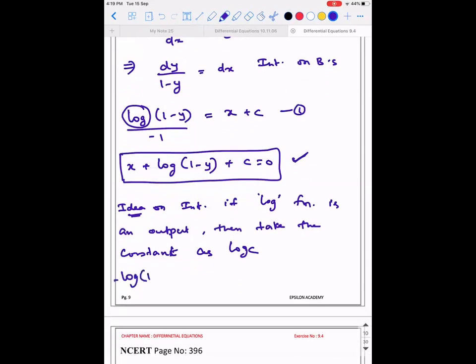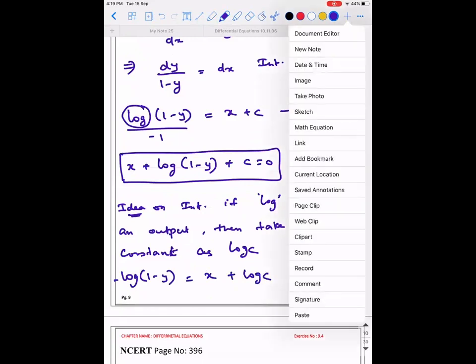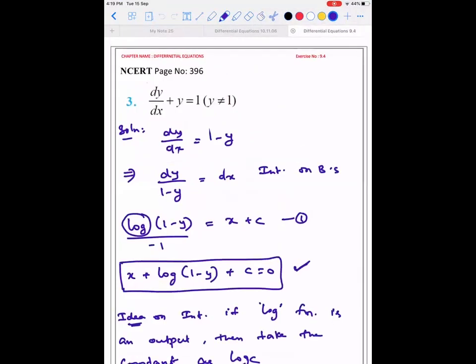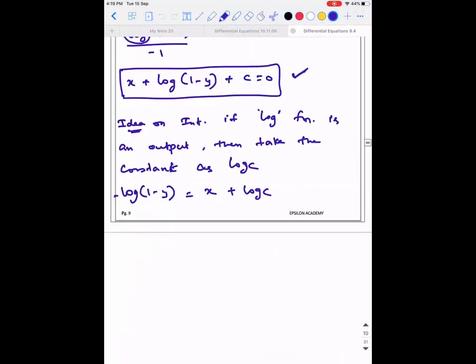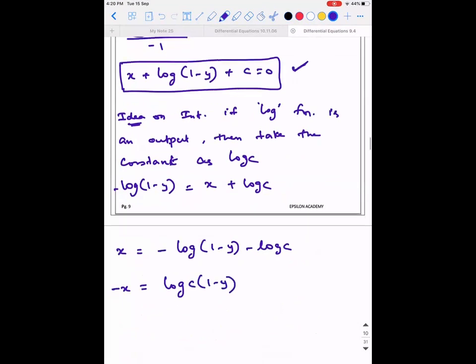So minus log of 1 minus y will be equal to x plus log C. Can I write it like this? Are you able to understand this? So x will be equal to minus log of 1 minus y minus log C. Accepted? So minus x is equal to log of C into (1 minus y).